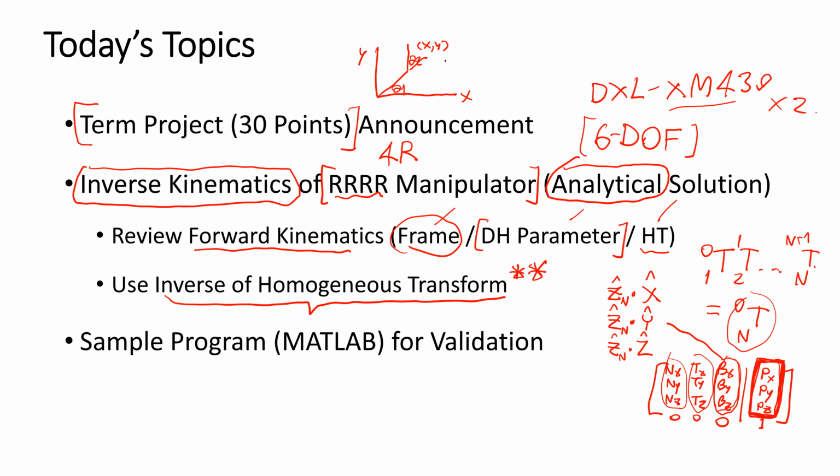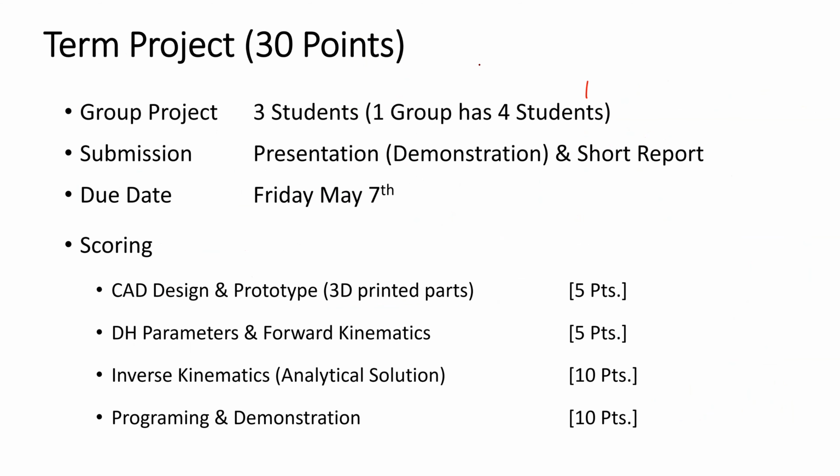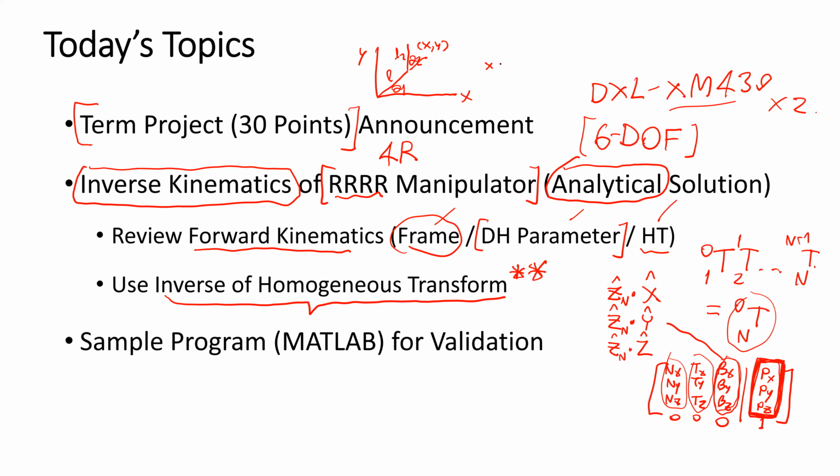You don't need to compose the matrix. You can just compose some equations. Like you know that the x position at the end effector equals L1 cosine theta 1 plus L2 cosine of theta 1 plus theta 2. The y position is L1 sine theta 1 plus L2 sine of theta 1 plus theta 2.